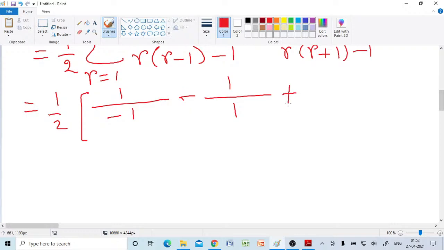Plus, if you plug in 2 over there, you will have 1 over 2 minus 1, that is 1, plus 1 over 6 minus 1, that is 5.